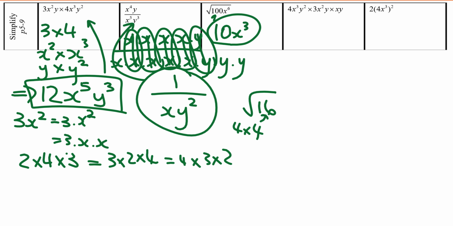So 4 times 3 is? Thanks, Sean. How many x's do we have up there? 3, 4, 5, 6. They've all been multiplied together. How many y's do we have there? 2, 3, 4. All been multiplied together. y to the power of 4.